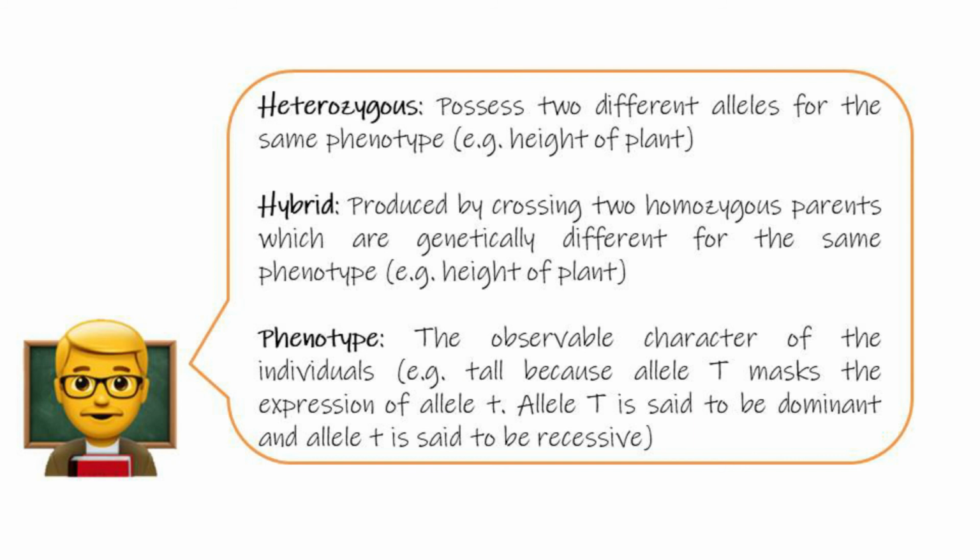The phenotype, which refers to the observable character of the individuals in the first filial generation, is tall, because allele capital T masks the expression of allele small t.